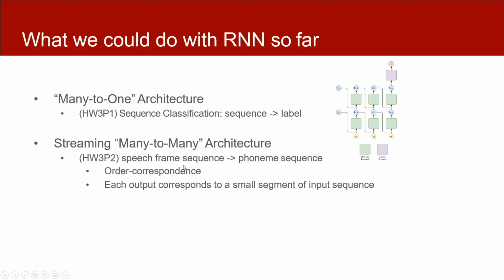Although we don't have a one-to-one time synchrony, we do have order correspondence. The order in which the phoneme appears in the speech and in our generated labels are always the same, and so each output corresponds to a small segment of the input speech utterance.